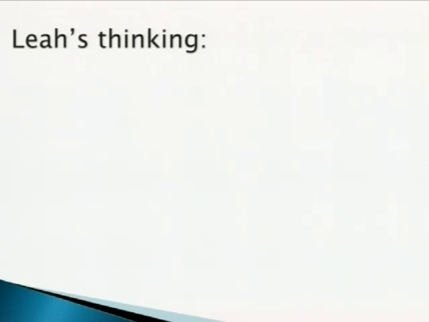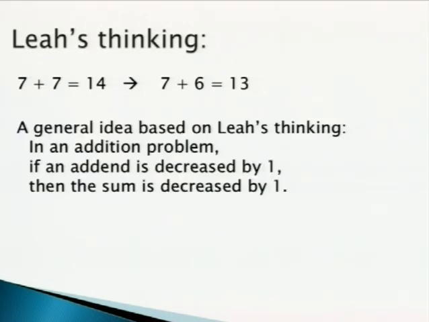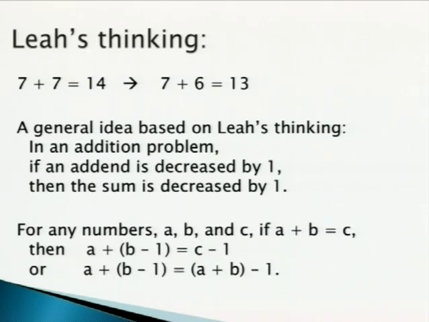Many students do find it easier to remember doubles, and she can derive 7 plus 6 from 7 plus 7. The general idea implicit in Leah's work is that in an addition problem, if an addend is decreased by 1, then the sum is also decreased by 1. This general idea can be written out in algebraic symbols, although Leah is not thinking in these terms.